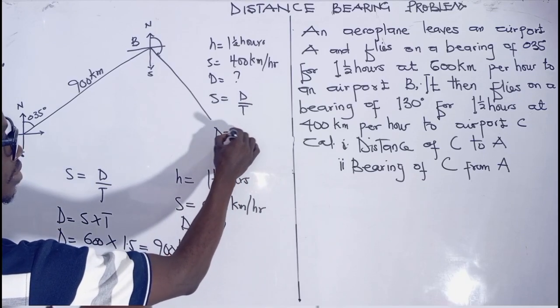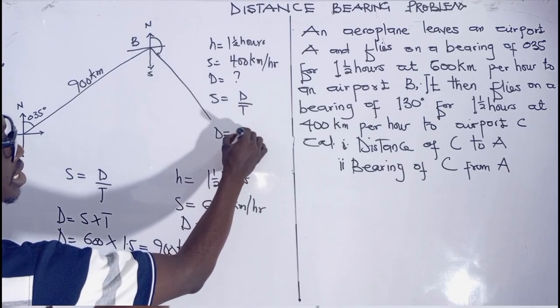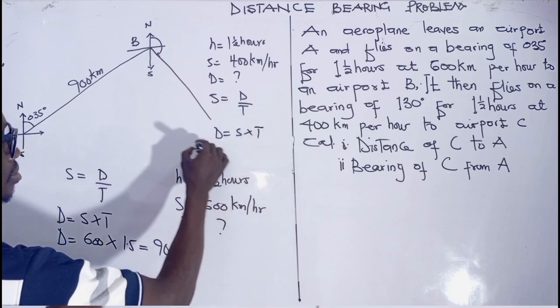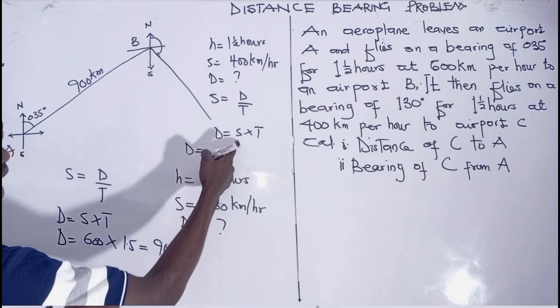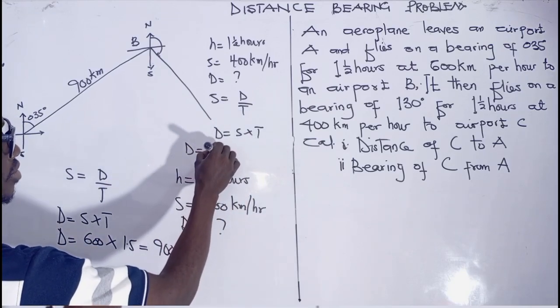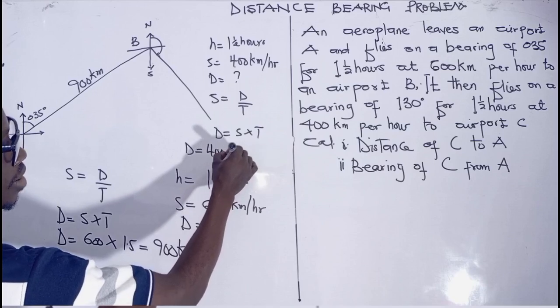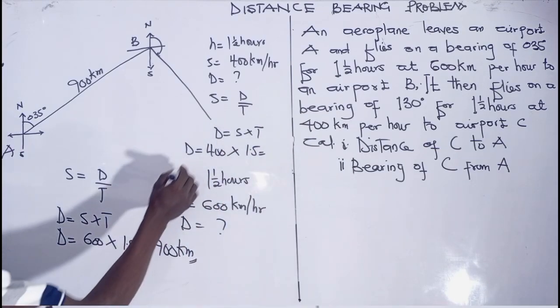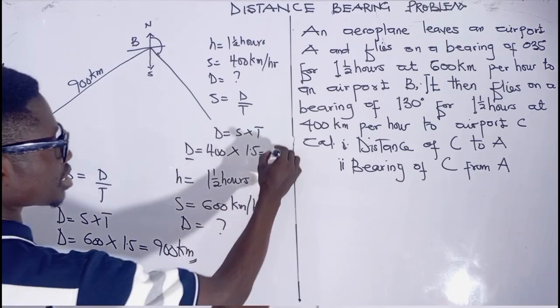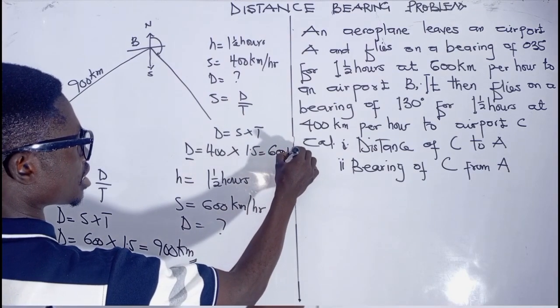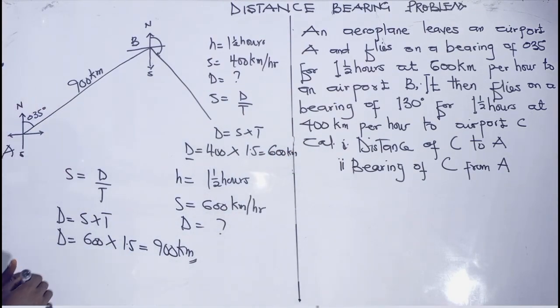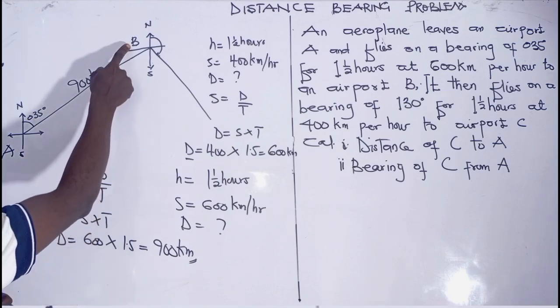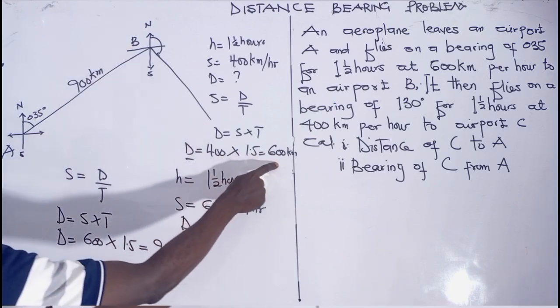We can say that our distance is equal to speed times time. Our speed is 400 kilometers per hour times the time, 1.5 hours. So our distance is going to be 600 kilometers. Good.